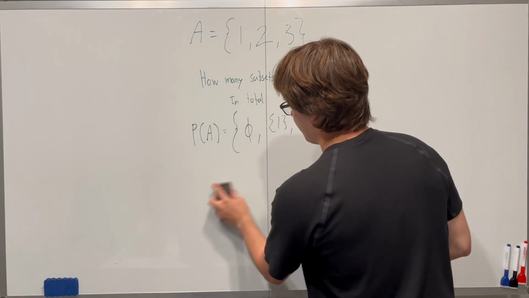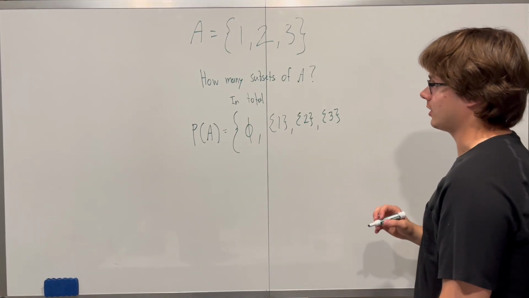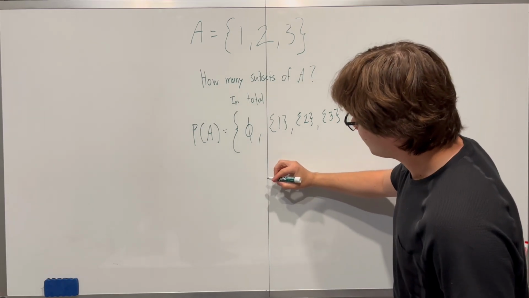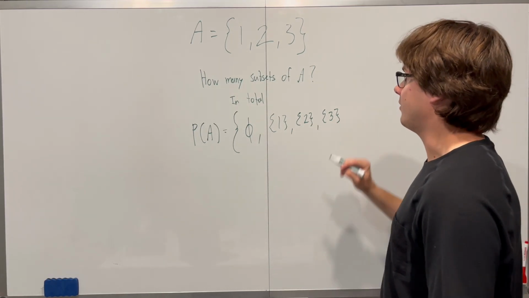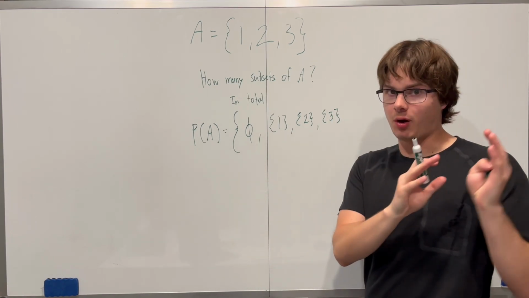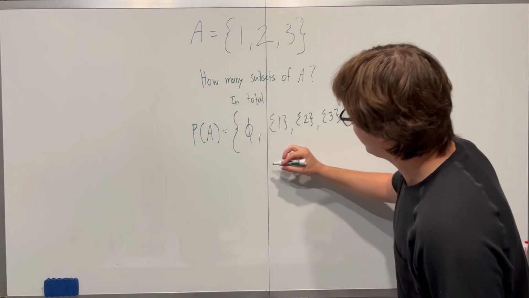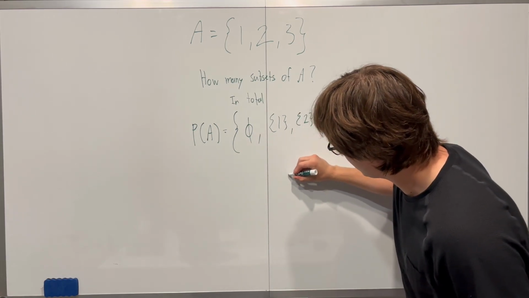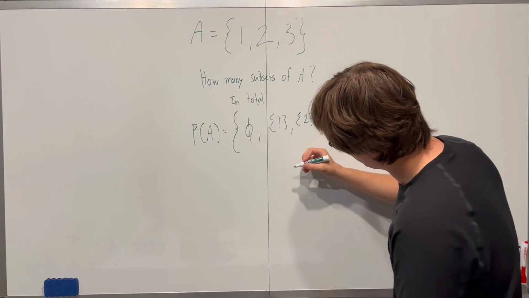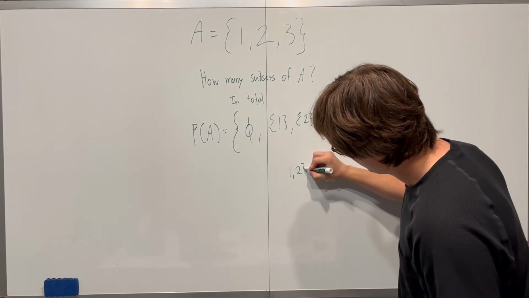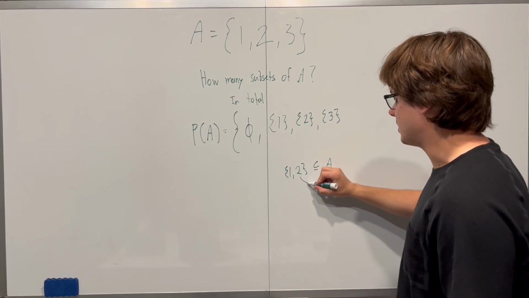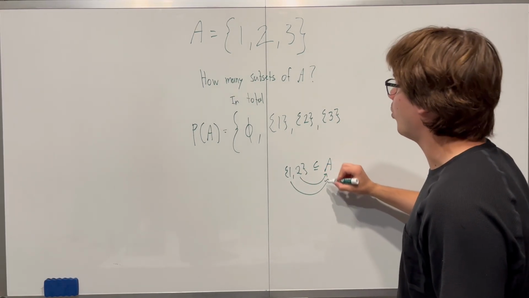So with the same reasoning, we can also say the lonely set 3 is also going to be a subset of A. Now, we're not finished just yet. What other possible subsets can we think of? Well, instead of just thinking of the lonely versions where you just take one element, what if we take 2? You can very quickly see that the little tiny set of 1 and 2 is a subset of A because 2 is in A and 1 is in A, right?